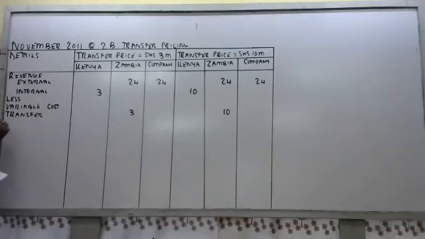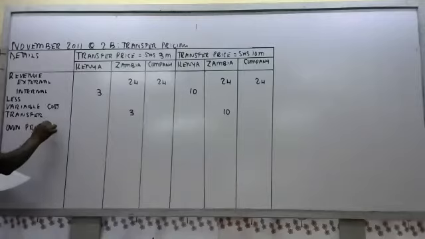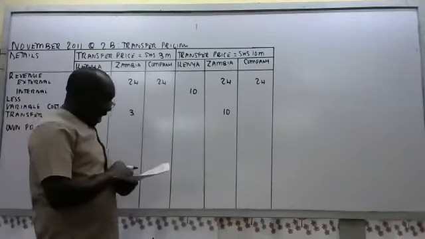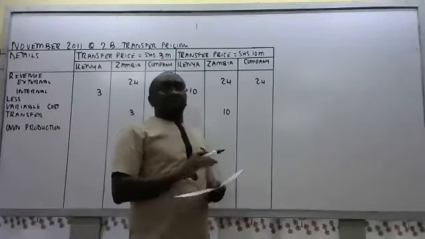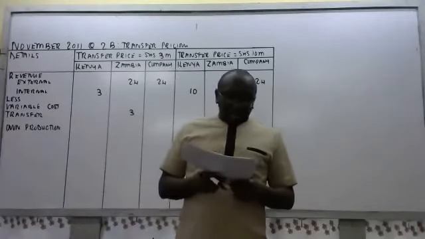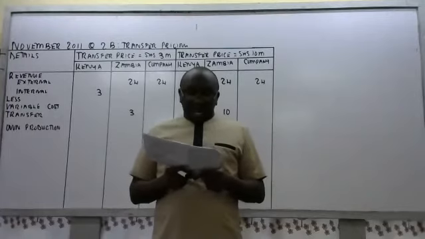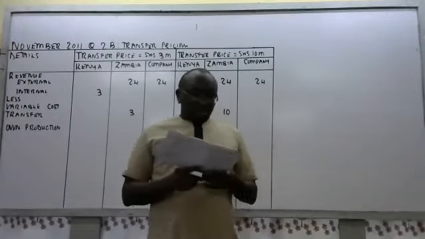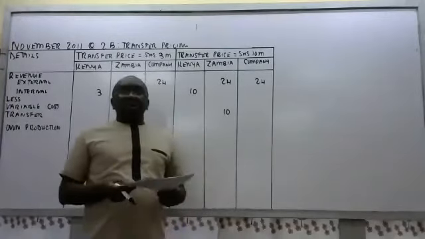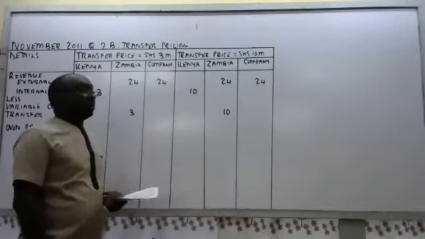The next issue is what we call the own production. According to information 1, we are told that the company incurred 2 million on production costs, and the operating costs in Zambia were 6 million.